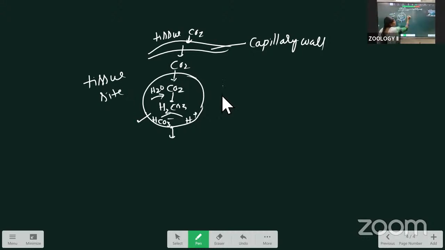Here the hemoglobin takes the CO2 and H plus ions. Here HCO3 comes out, that is taken by the CO2 and H plus.